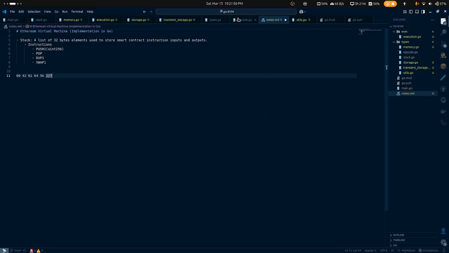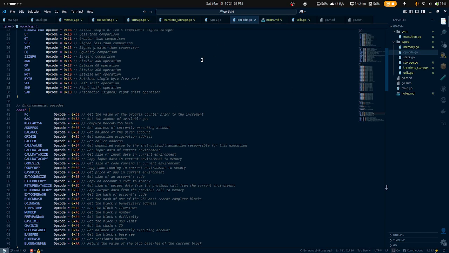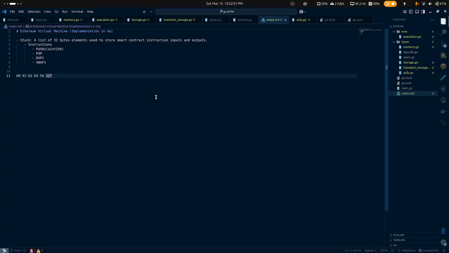So if we look through my list of opcodes here, we say this is an opcode, this is data, opcode.